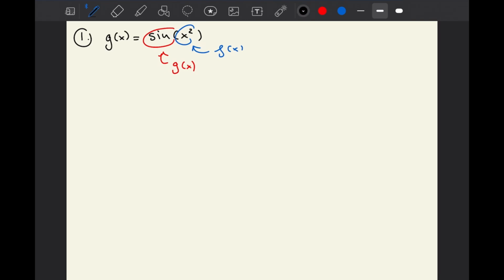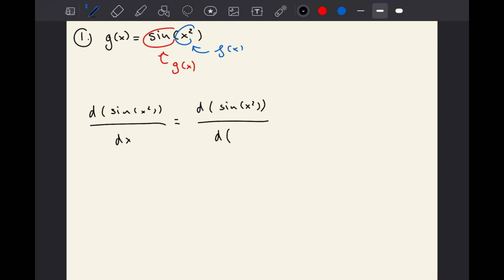Well, in order to get the derivative of sine of x squared with respect to x, this will be the same thing as taking the derivative of sine of x squared with respect to x squared, and then multiplying this by the derivative of x squared with respect to x. Because these two will cancel out and you'll be left with what you want, which is this composite function right here. So let's go ahead and do that.